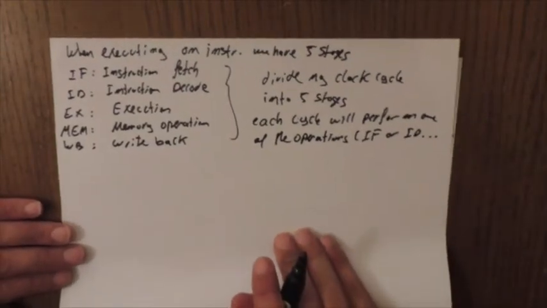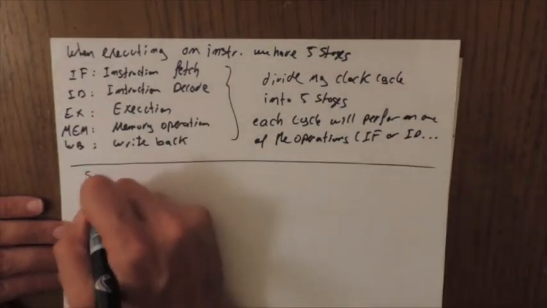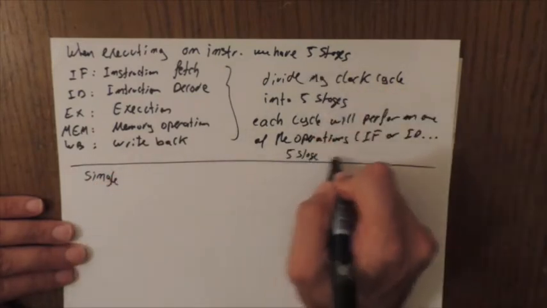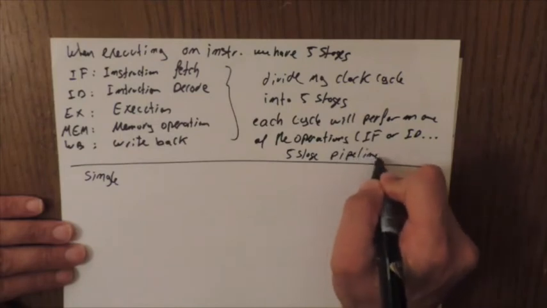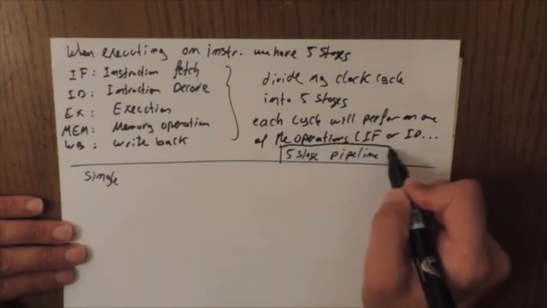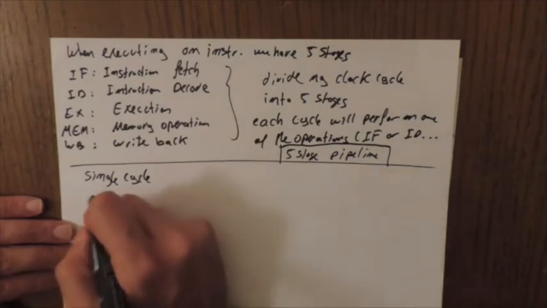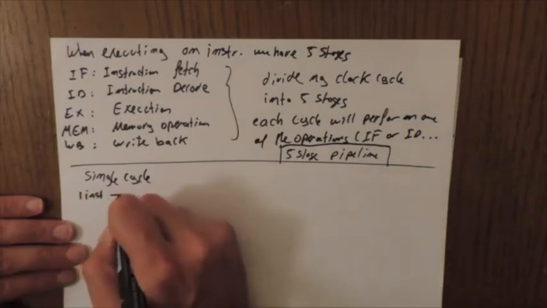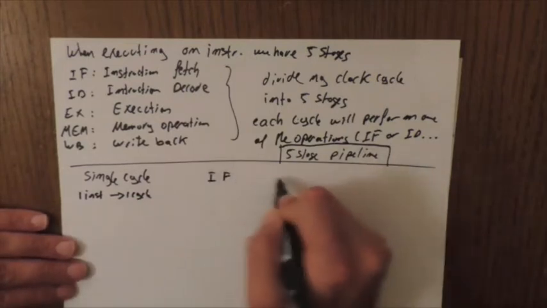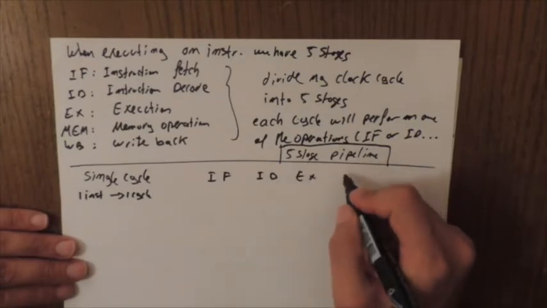So imagine I have a big table. Let's say I have a single cycle. I'm going to call this a 5-stage pipeline, because I'm dividing the operation into 5 stages. Remember this word. With a single cycle, each instruction, as we said before, takes 1 cycle. Let's say I was able to measure the time needed for each stage.